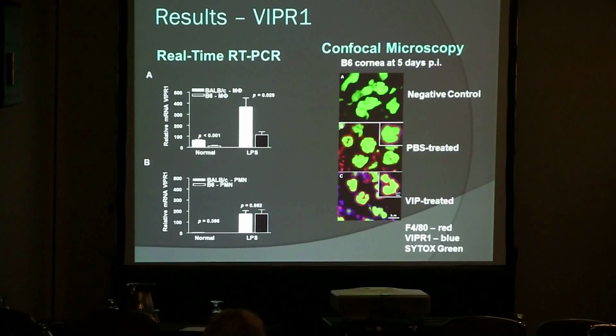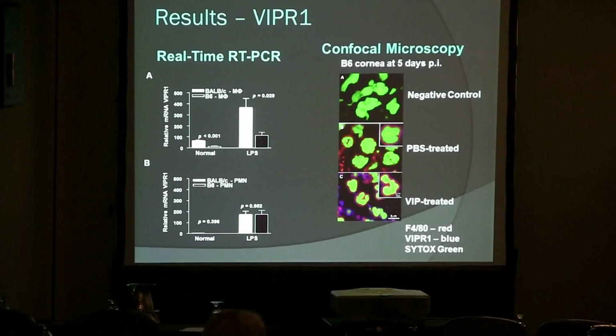On the other hand, though, after VIP treatment, we saw that we had a number of macrophages that stained positive for both F4/80 and VIP-R1, indicating that just the presence of VIP was able to enhance the receptor being upregulated, and perhaps we think that this is because it's another way for VIP to augment its functions.